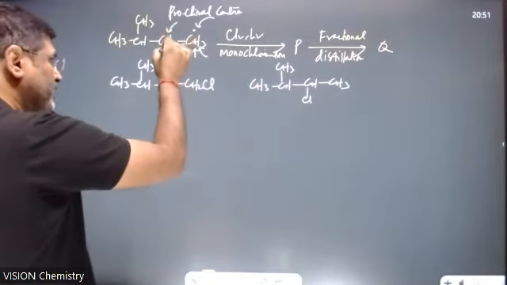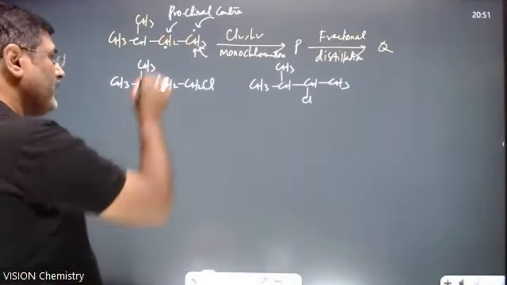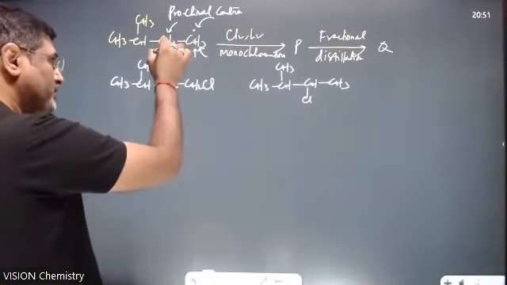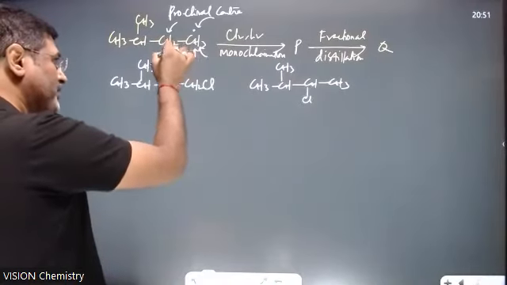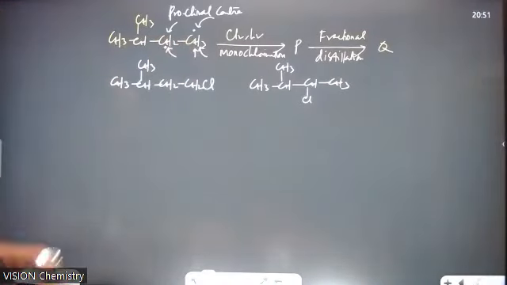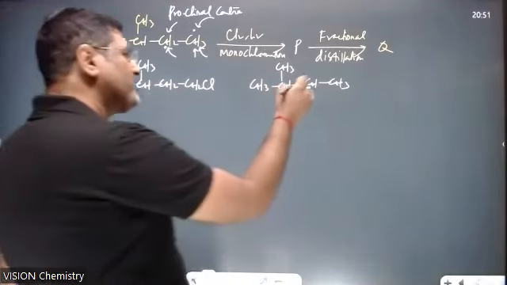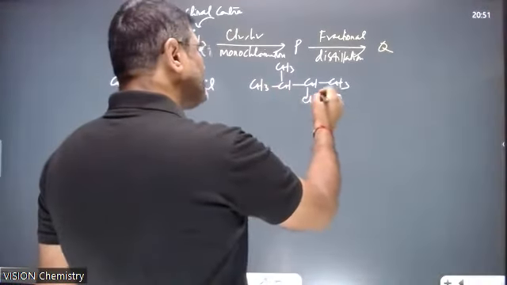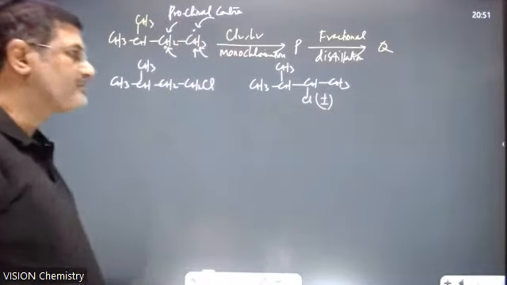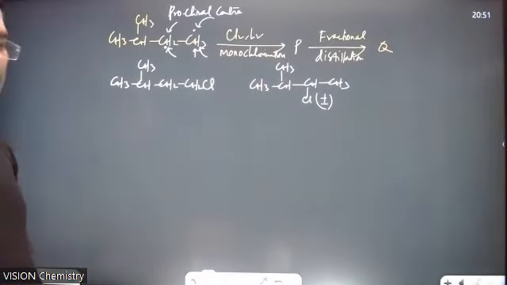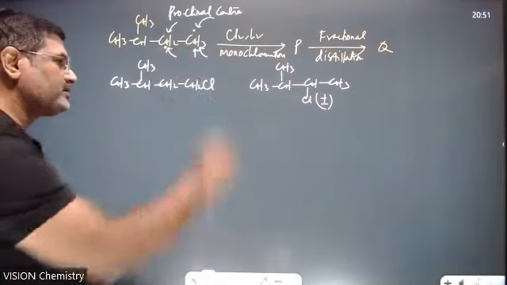When the free radical forms, it is sp2 with trigonal planar geometry, and attack will take place from the two sides. Will you get two different products here? Yes. You are getting two different products, plus and minus, R and S. Racemic mixture you are getting. This is the prochiral center.